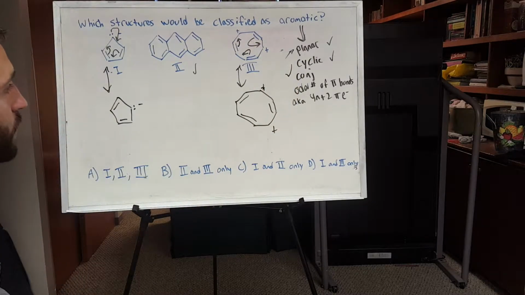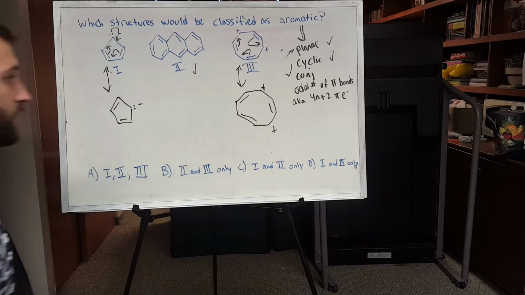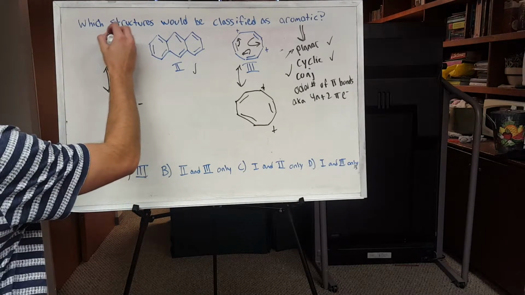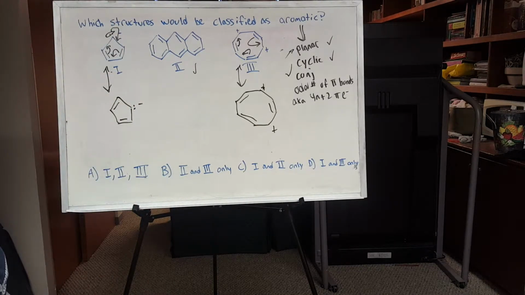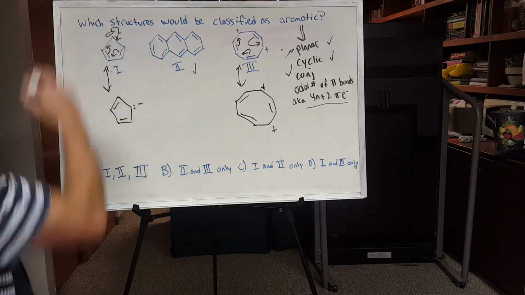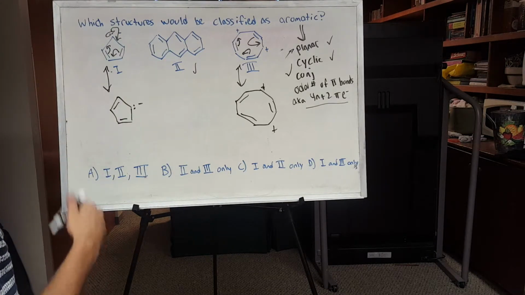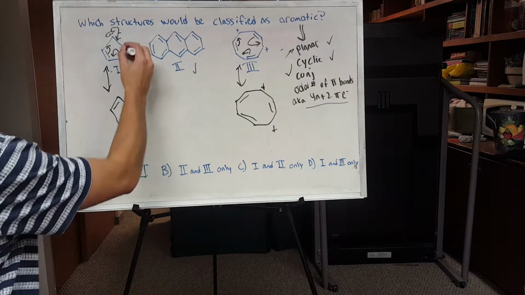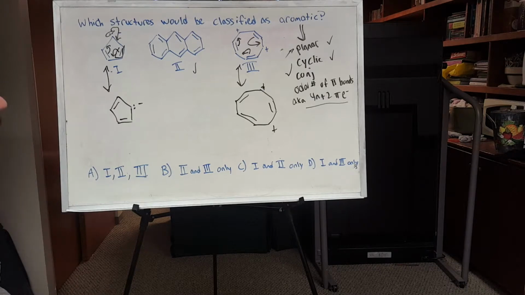So now how many pi bonds, or I should say pi pairs of electrons count too, right? So this guy, right, is a pi pair of electrons. It's easier for me to think of this as one, right? One pair of electrons, right? This is a pair of pi electrons there.